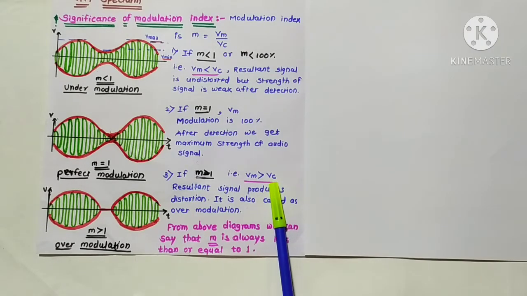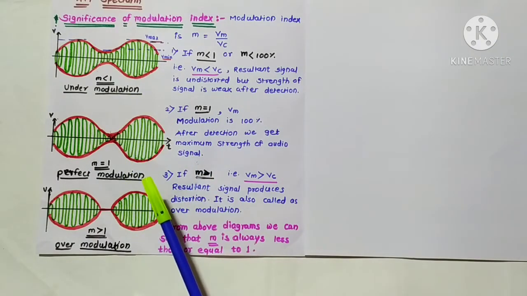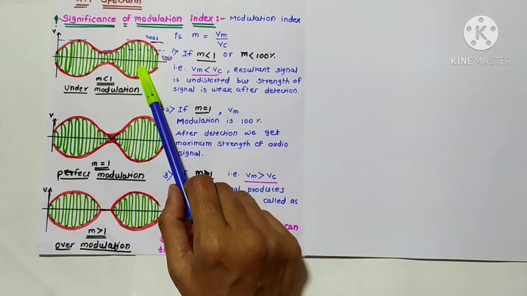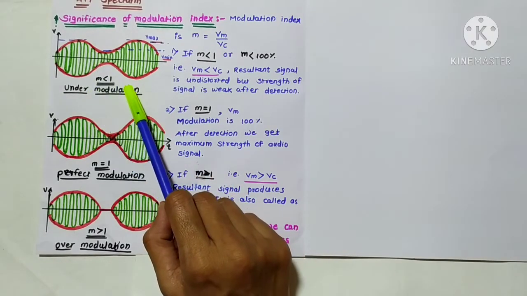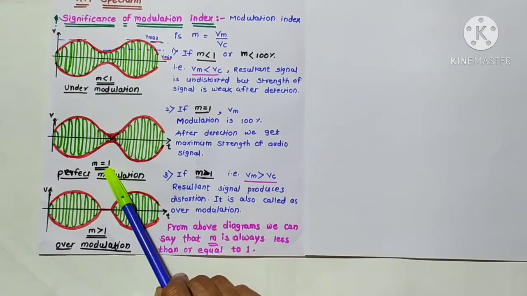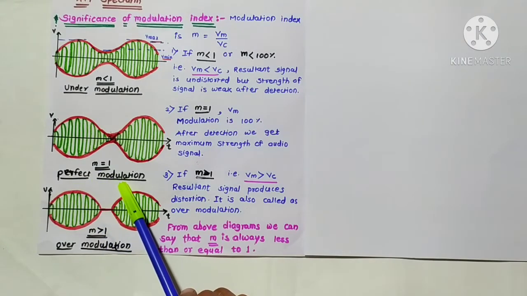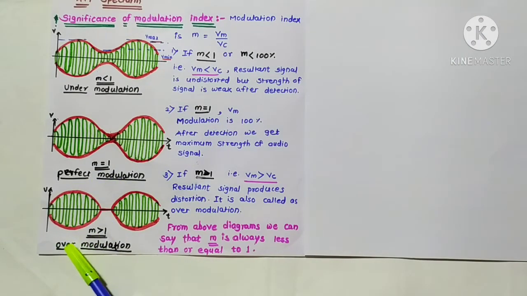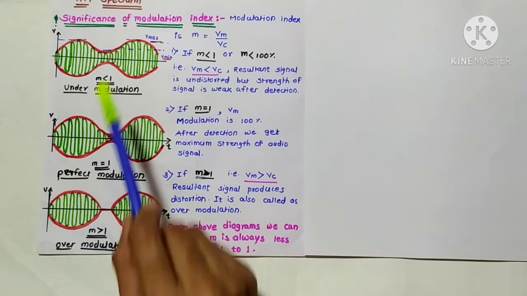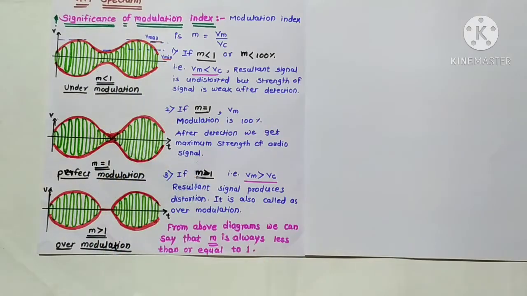Students, if you compare these three waveforms carefully, when m is less than 1, this is under modulation. If m is equal to 1, this is perfect modulation, and if m is greater than 1, this is the type of over modulation. Here distortion occurs and negative peaks are clipped off. Okay students, and you can see here is the maximum amplitude.